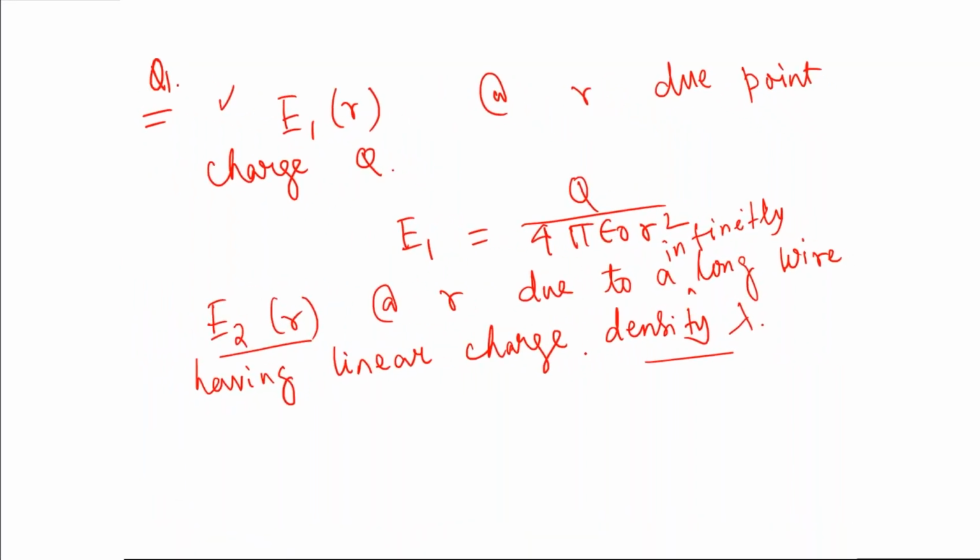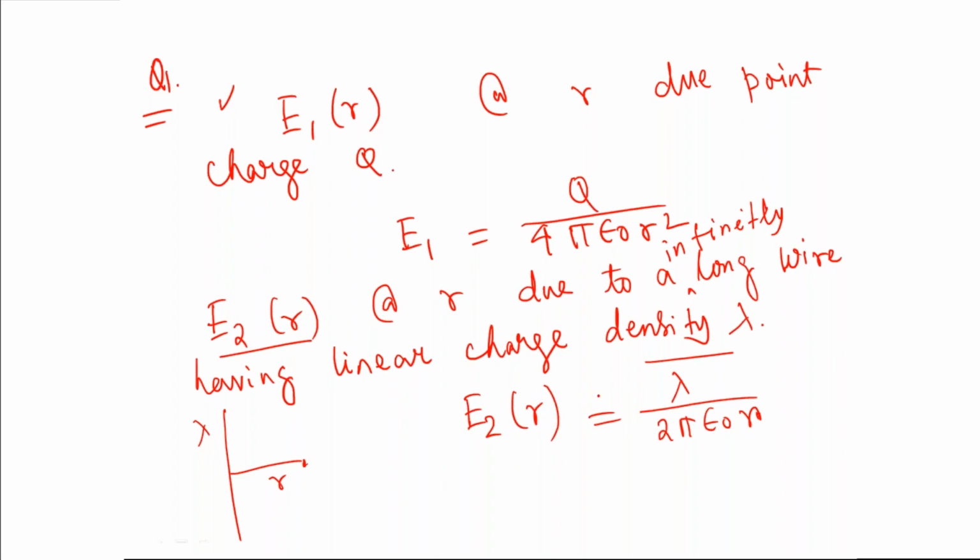Suppose this is a long wire. I am calculating the electric field over here at r distance. It has charge density lambda. So what will be the electric field? It is actually lambda by 2 pi epsilon naught r. If somebody remembers, it is very good. If not, you have to remember this expression, or otherwise quickly derive it, but that will take a long time, and in the competitive exam you will not get that much time.